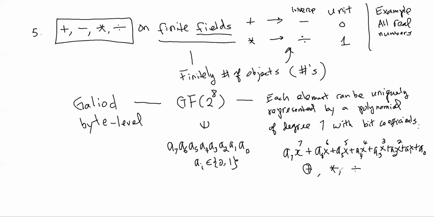We'll just take it as granted when they tell us division is done this way, because there is strong math to support that. We are going to see these two operations when we talk about the Advanced Encryption Standard.